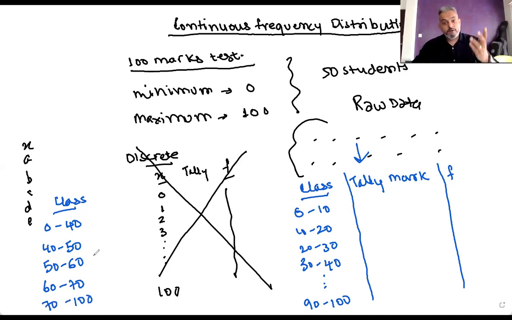So you can go for class like this also. So here it is irregular. Pehla is 0 to 40, then 40 to 50, 50 to 60, 60 to 70, 70 to 100.